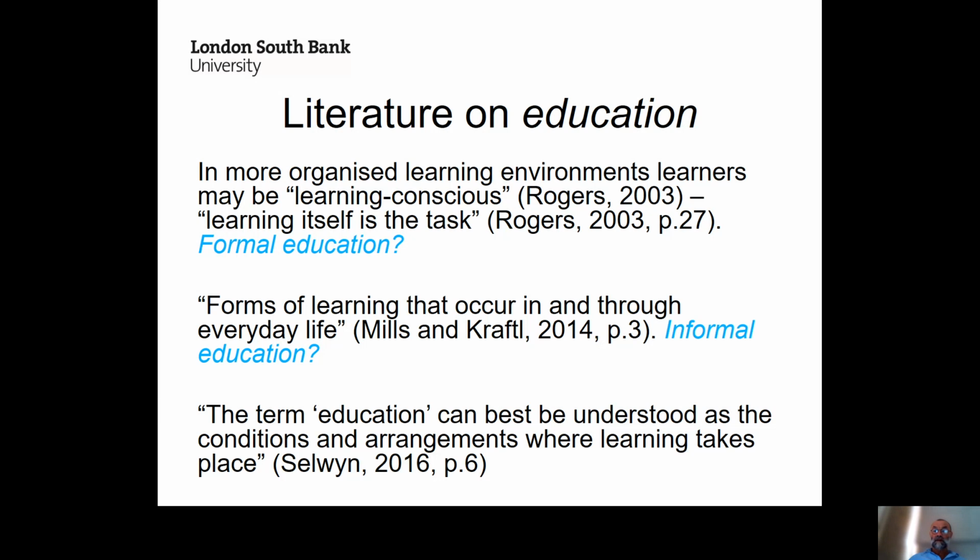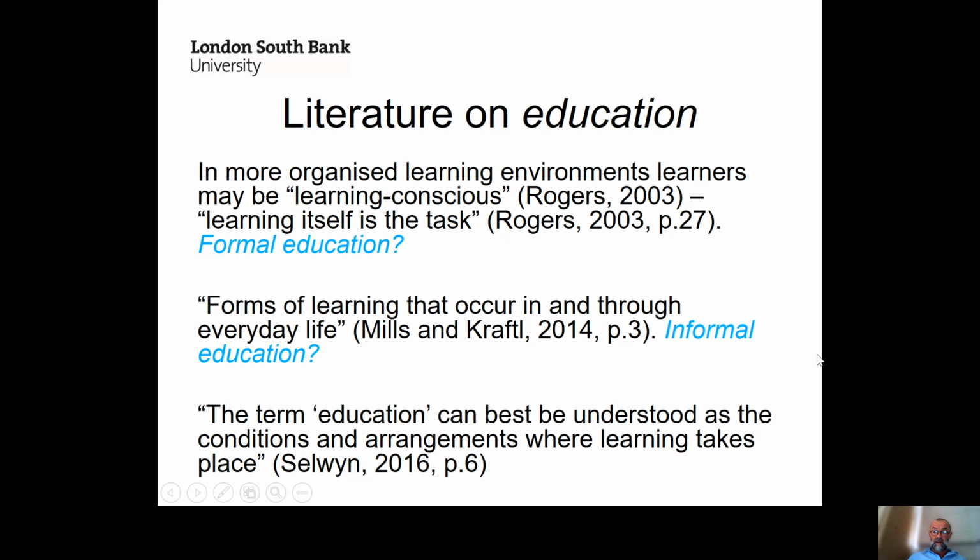Mills and Crowther talk about informal education. So the idea that actually we're learning all the time. You don't need to be at a school or a university or a college to learn. It's something that's happening throughout our life. In all of our interactions with the world, we are learning.